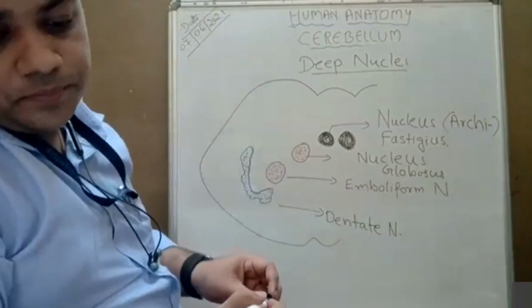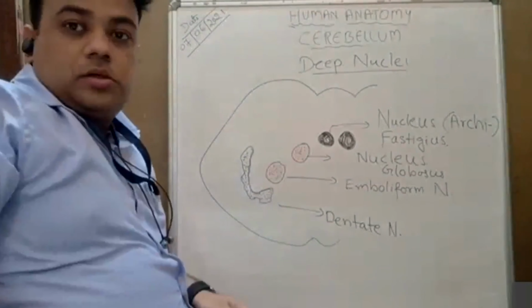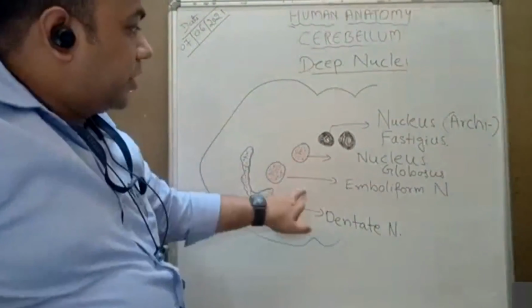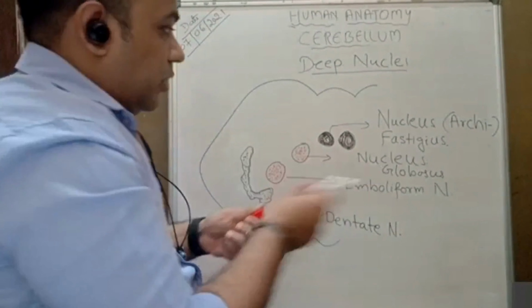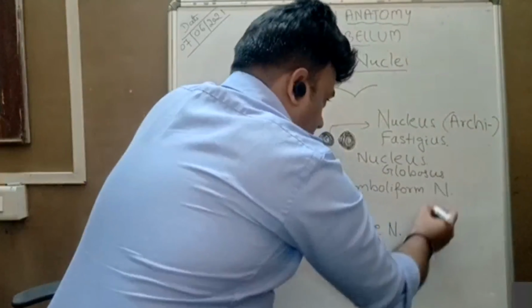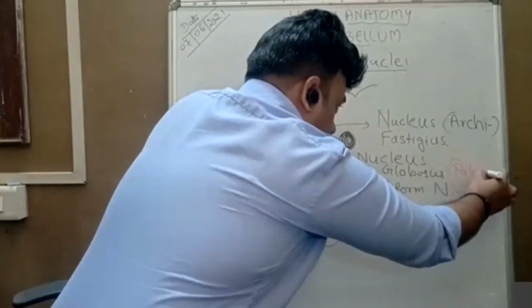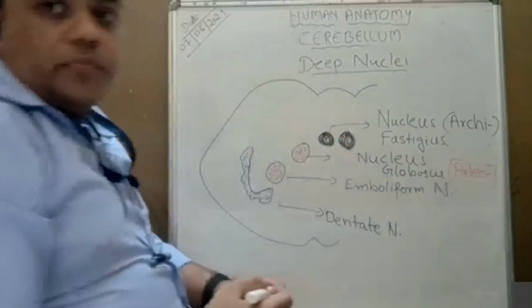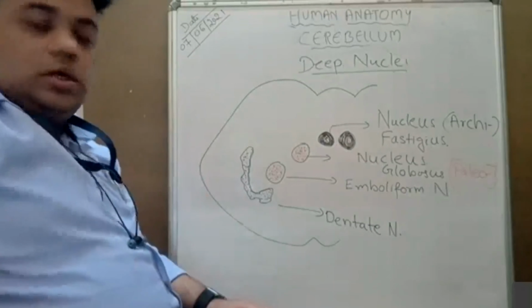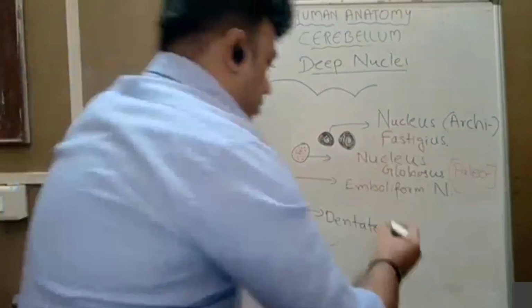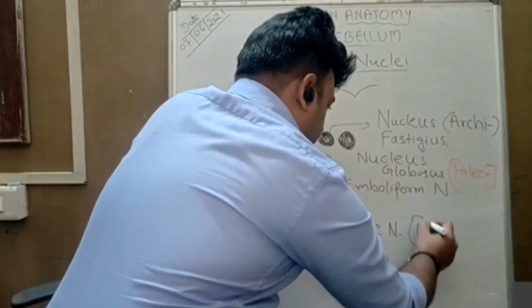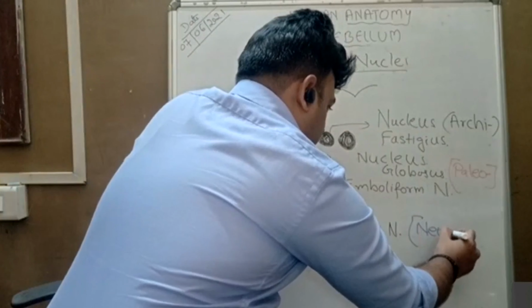Simple. And these two red colored nucleus globosus and emboliformis nuclei are the part of the paliocerebellum. Okay. And dentate nucleus is the part of neocerebellum.